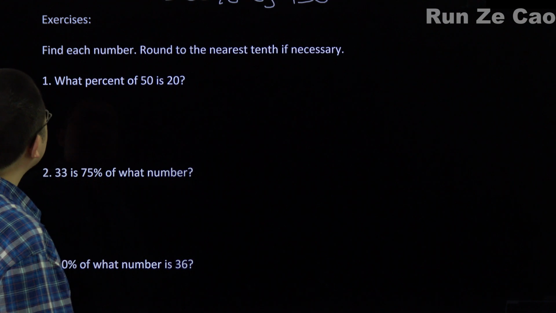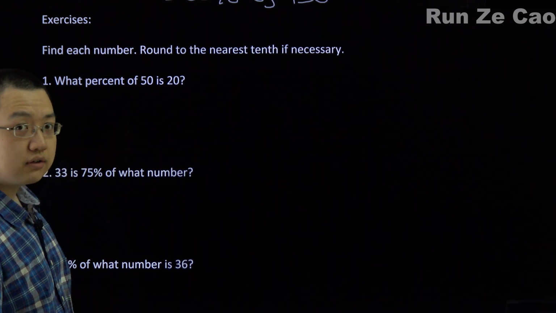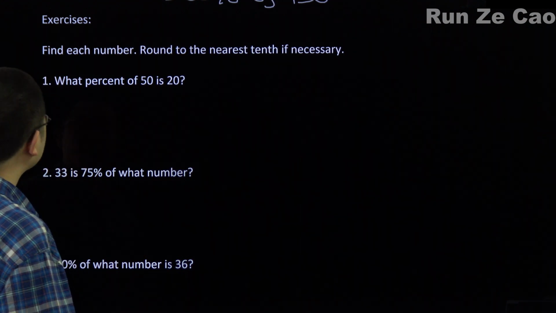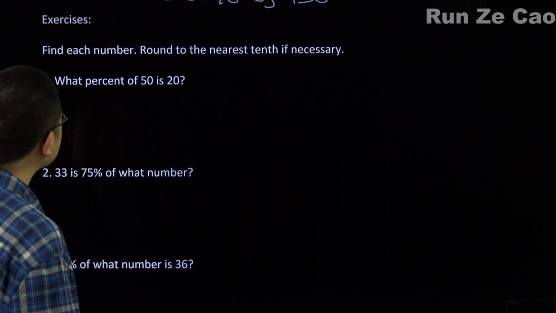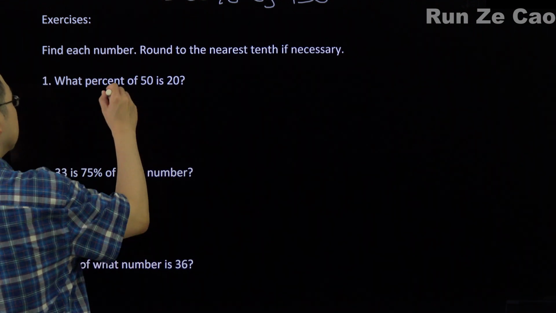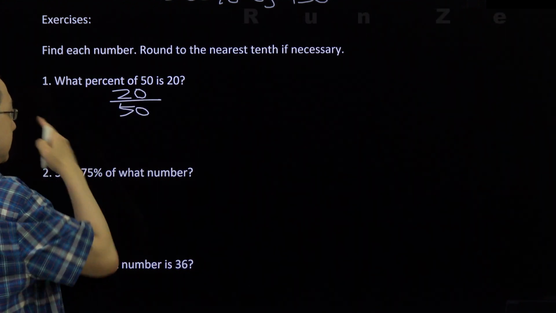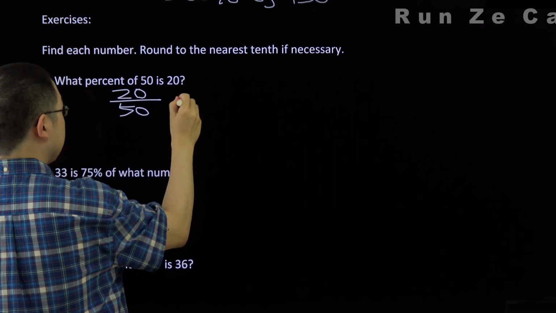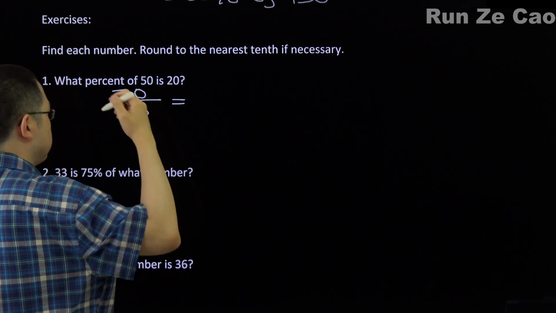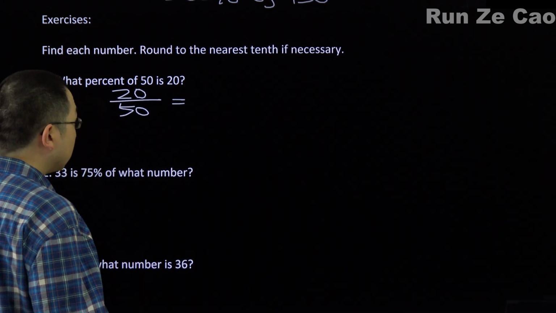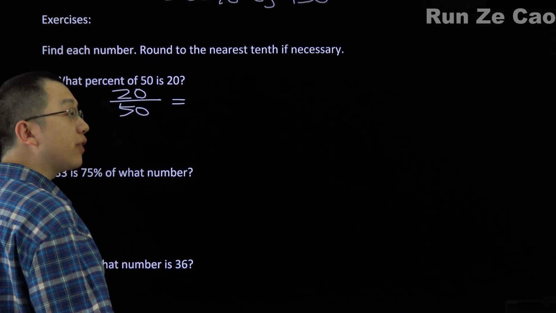So exercises. Let's find each of these numbers and round to the nearest tenth if necessary. What percent of 50 is 20? 20 over 50 is equal to 0.4 equals 40%. We know that method.